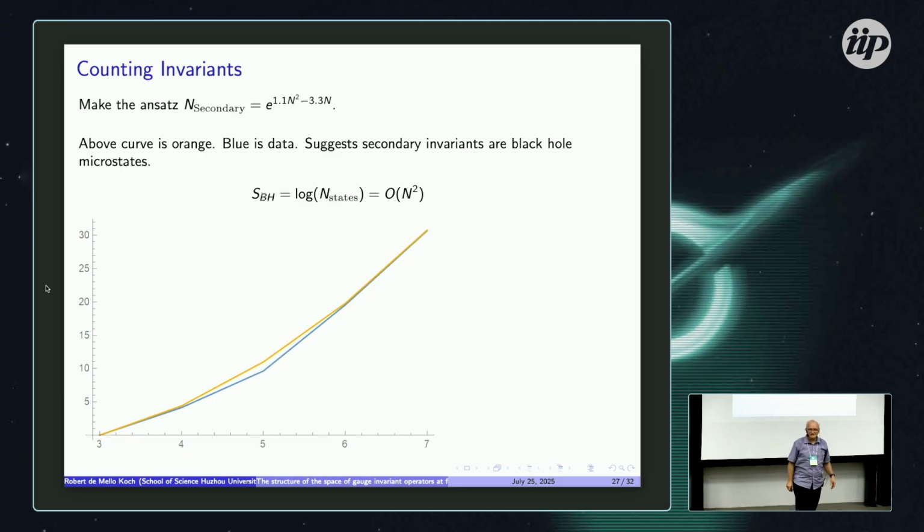And if you think about something like the half BPS geometries, the LLM geometries, those are operators created using order n squared matrices inside the matrix. They've got a dimension of order n squared. That's such a heavy operator that you have back reaction, and it corresponds to a non-trivial geometry. So in the holographic dual, we would expect most of these secondary invariants to correspond to a non-trivial geometry.